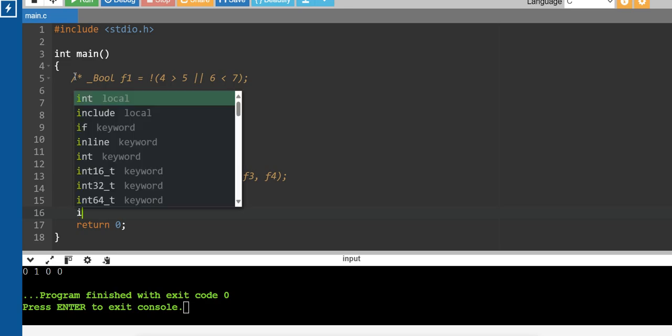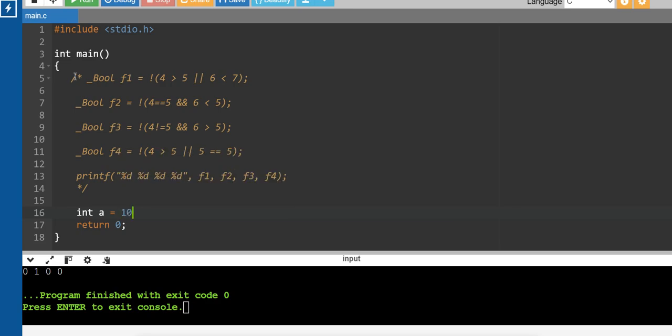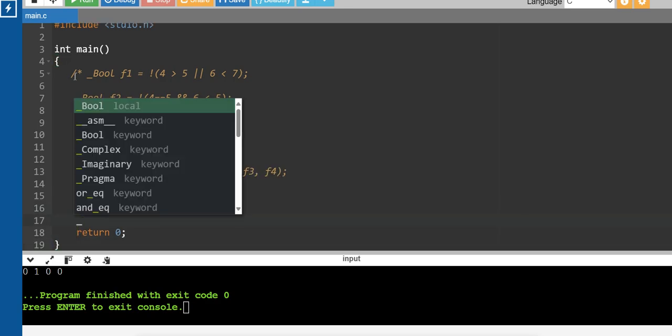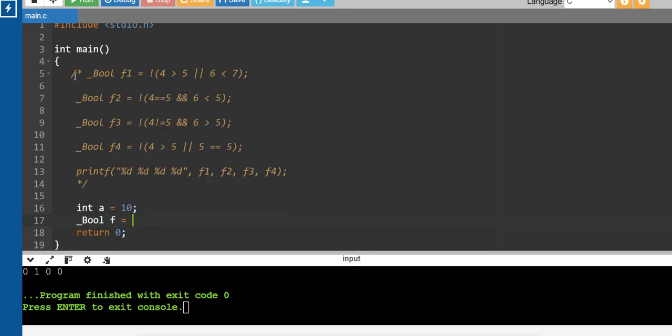So I'm taking a equal to 10, and here again I'm going with bool just for a simple explanation. I have written 4 less than 5, and logical AND, suppose a plus plus. Let us put one printf here.